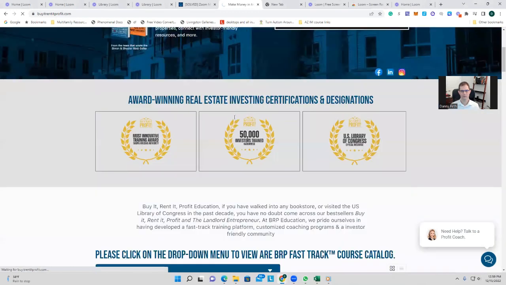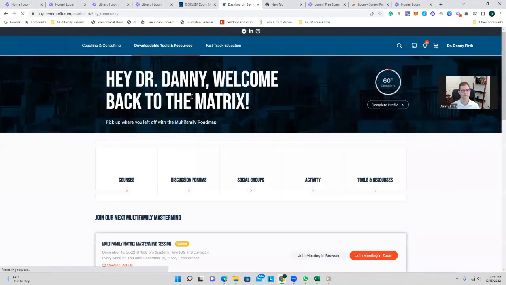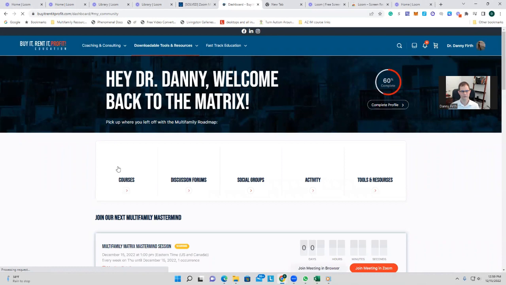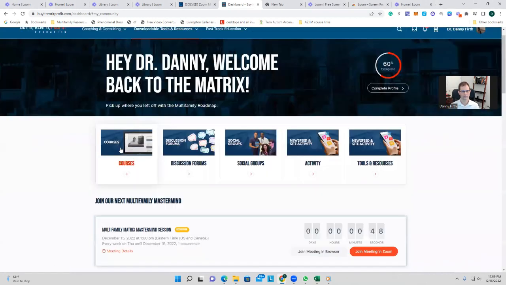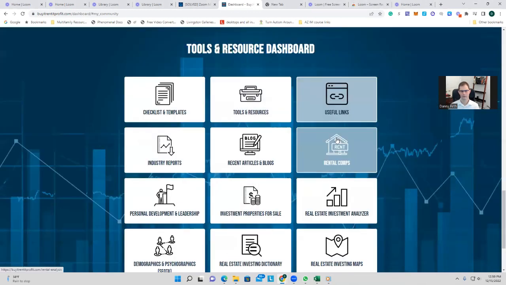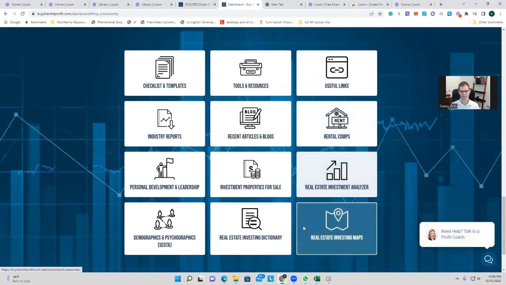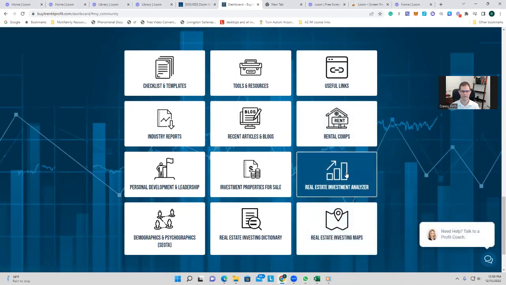This gives you a link to all of the big parts of the site. But then if you go to tools and resources, and then down here at the bottom, it is this guy, Real Estate Investment Analyzer.